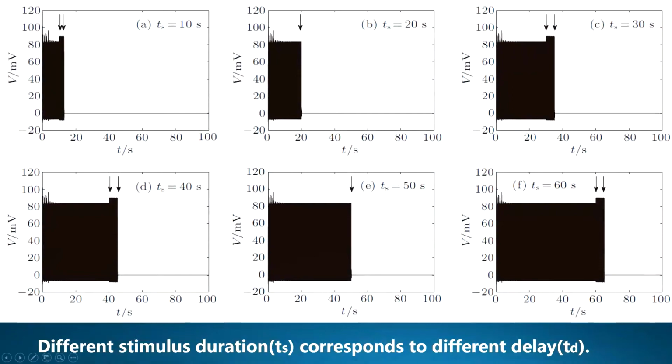Due to the different stimulus duration, delay will be different. Some delays are narrow, some are wide, and even some delays are zero. Even at a specific time, the second arrow did not appear. In other words, in this case, delay is zero.